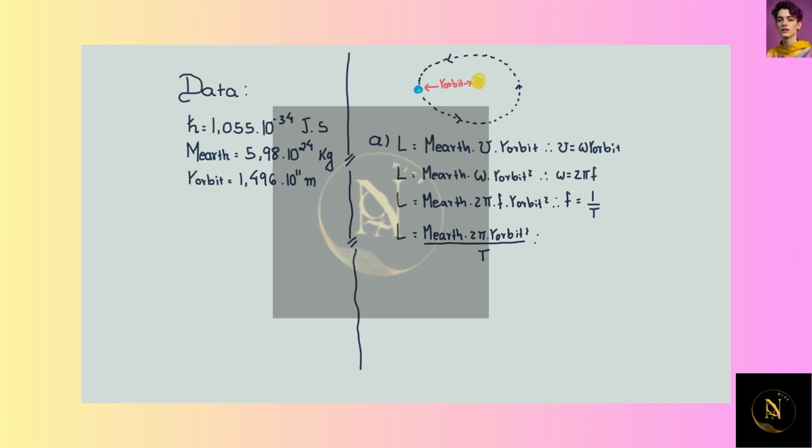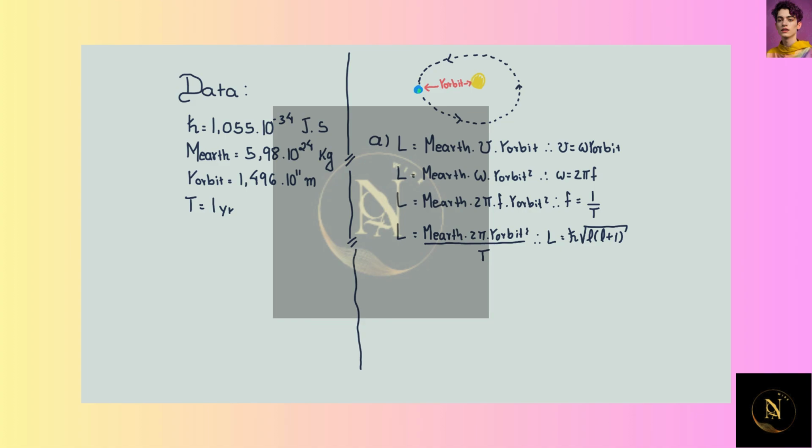Now note that we know the period of those rotations. The period of an orbit is 1 year. And remember that from quantum mechanics we have L equals h bar square root of l times l plus 1.